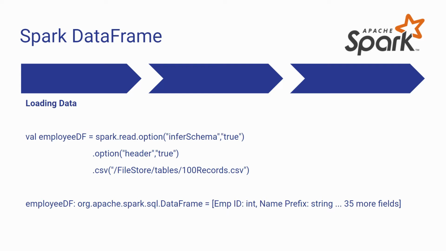Whenever we create employeeDF as a Spark data frame, it will generate the output of type org.apache.spark.sql.DataFrame, as shown in the video. So this is how we load data into a data frame.